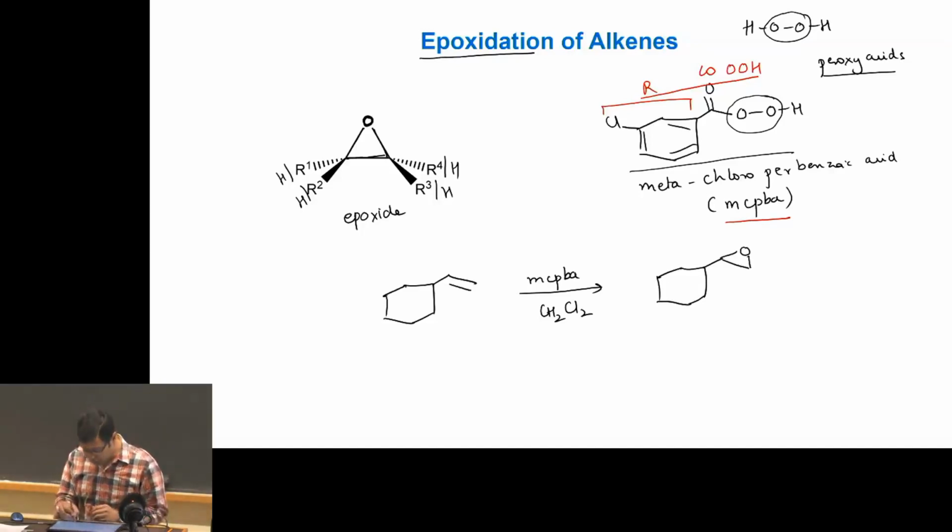Now if you look at the product, you're forming one chiral center as a result of this reaction. So you will get a racemic mixture. At that chiral center, you can have this group up or down.